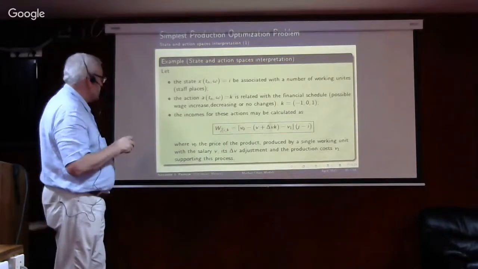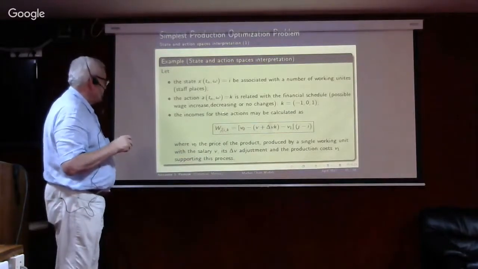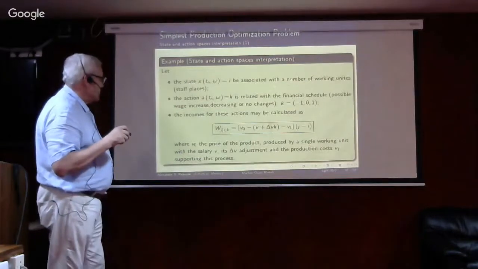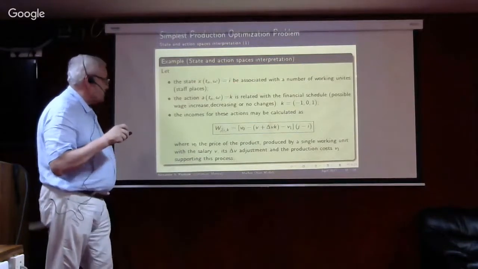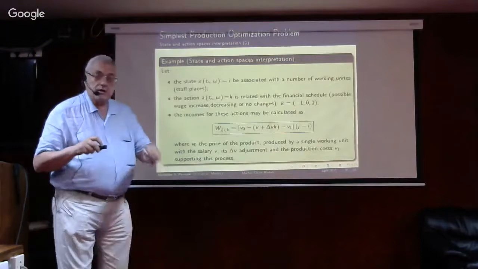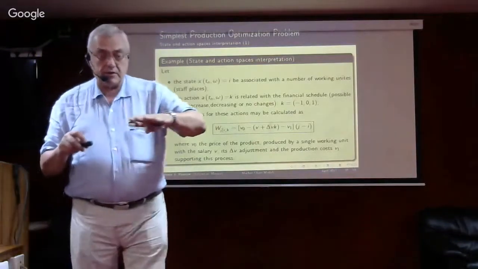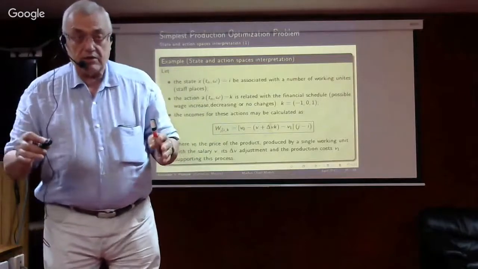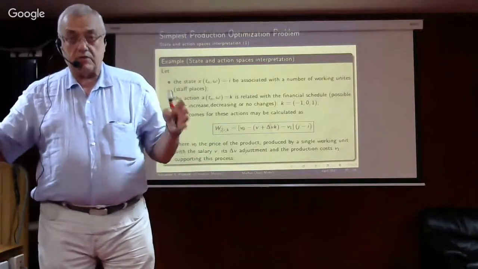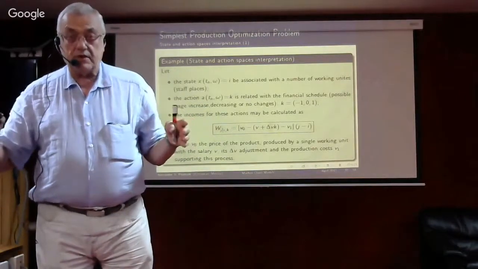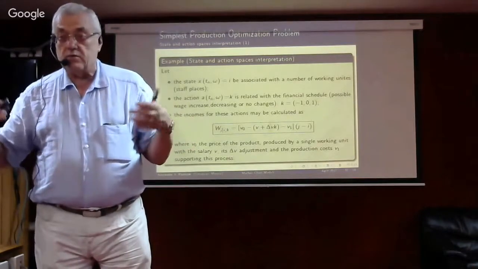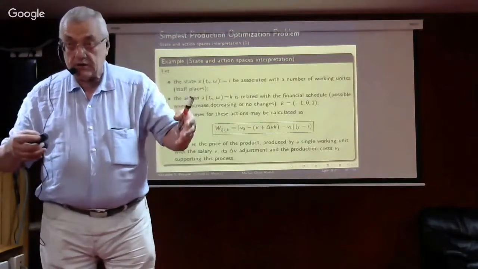Here is an interpretation of an example. First, for example, a state is the number of working places, the number of workers in some plant. Now you know that if there are more workers, we can produce more product.